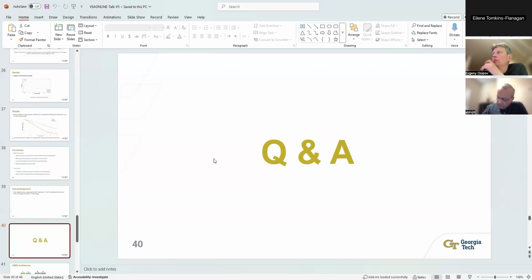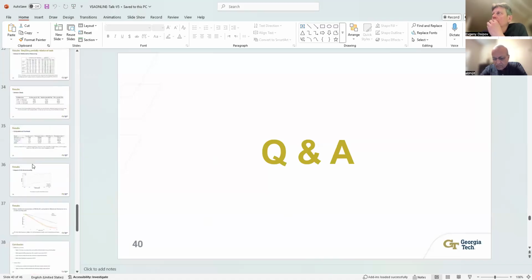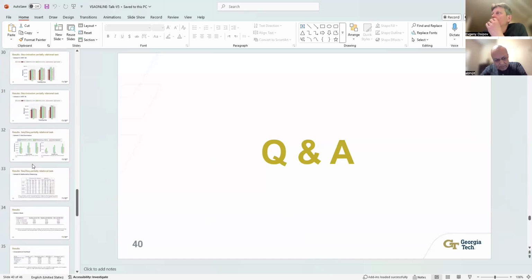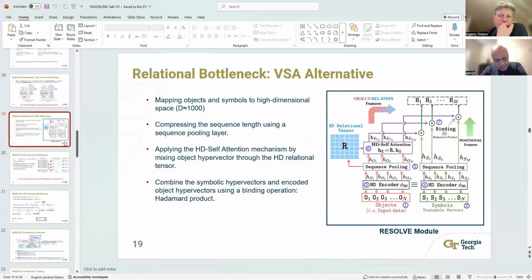We have a raised hand by Aileen. Hi, thank you. I was wondering if you could, this is also another technical question, back up to the slide diagramming how the model works. Just if I could get a little bit more light shed on it. I'm not entirely clear on what the high dimensional encoder is doing.